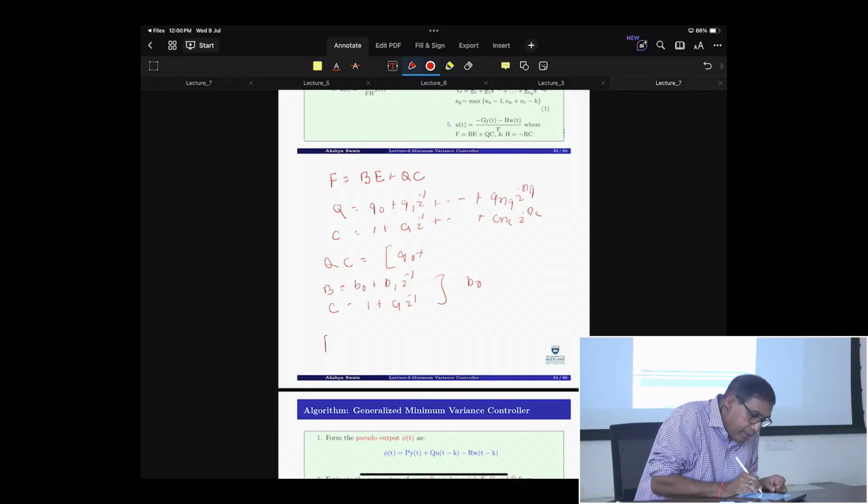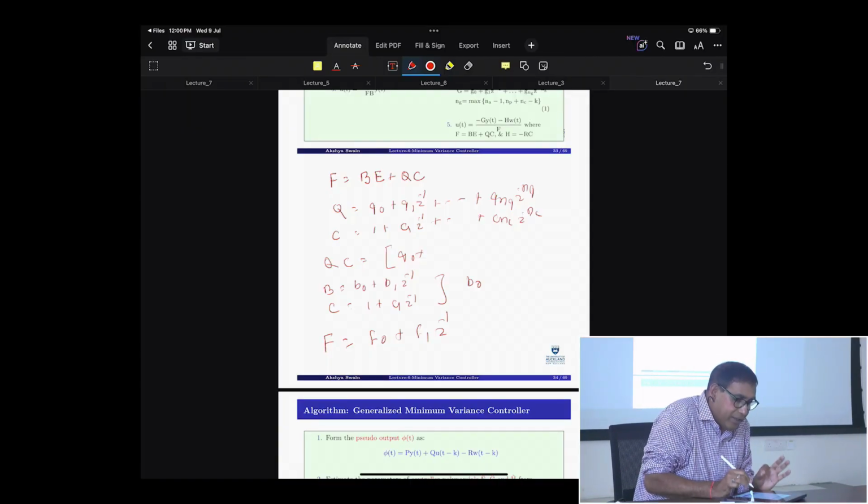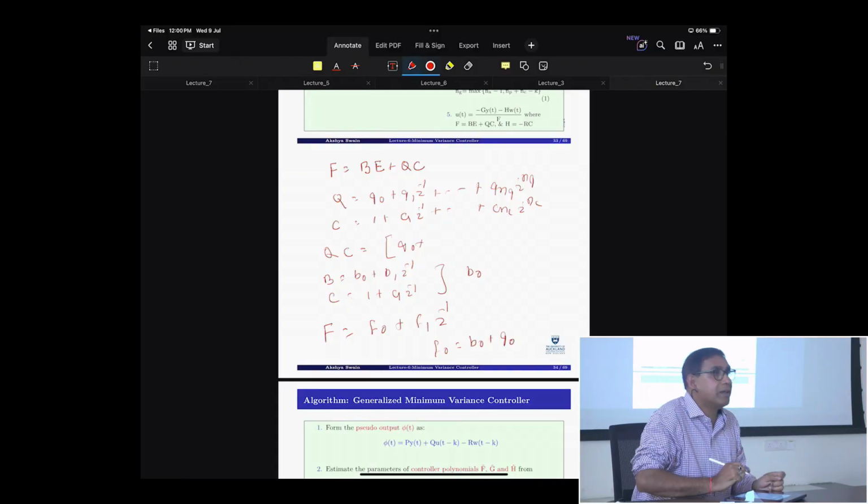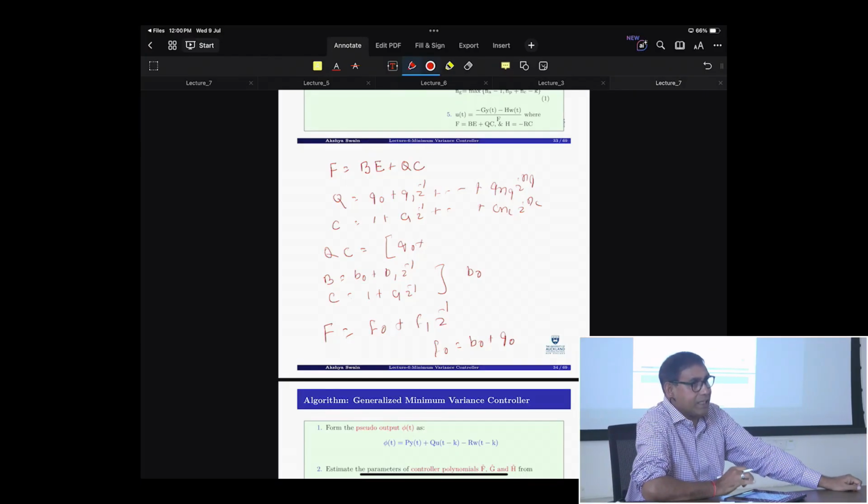Now the F polynomial, in general structure, is F0 plus F1 z to the power minus 1 and so on. Can you tell me what F0 is? F0 is equal to B0 plus Q0. This point is very important because it is necessary for our controller design.